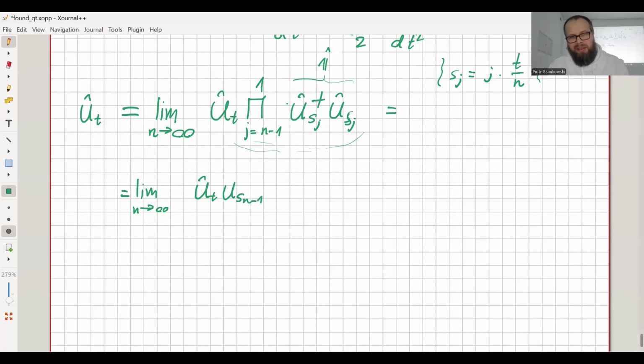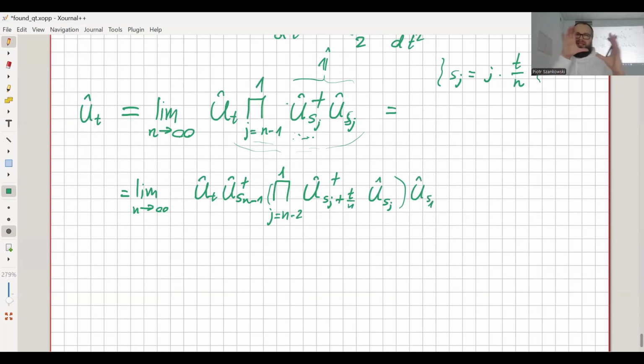We stick out the last operator from this product, so that we have a product of factors that look like U(s_j) dagger and U as well.